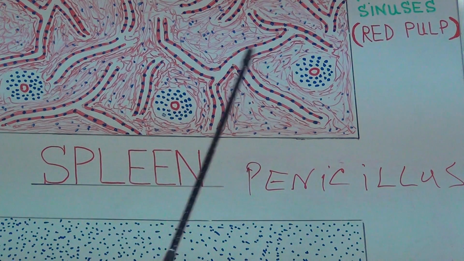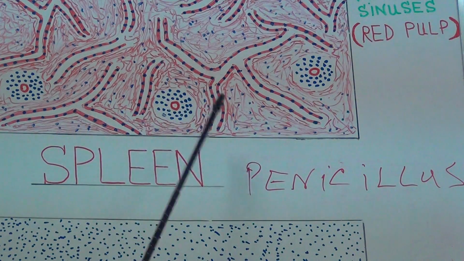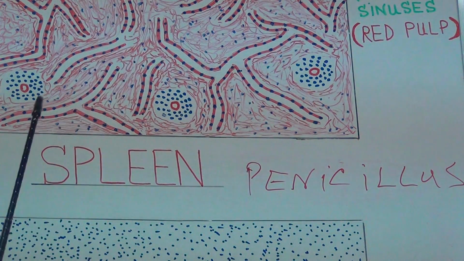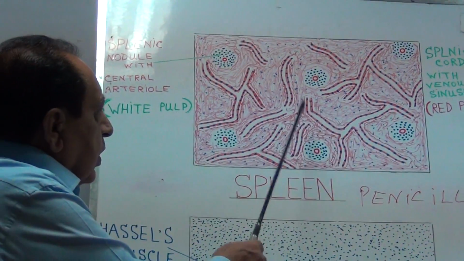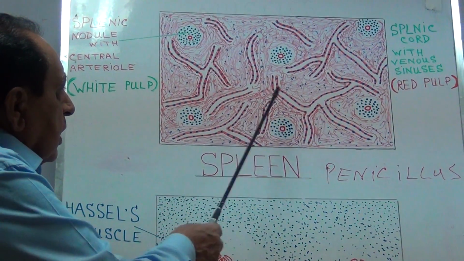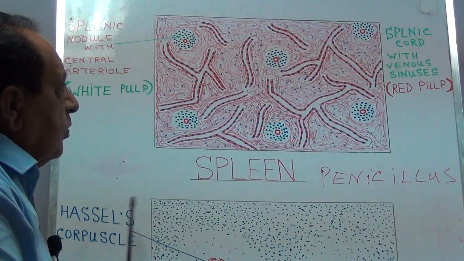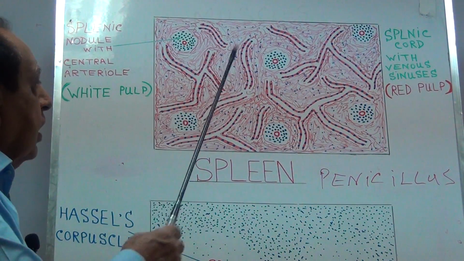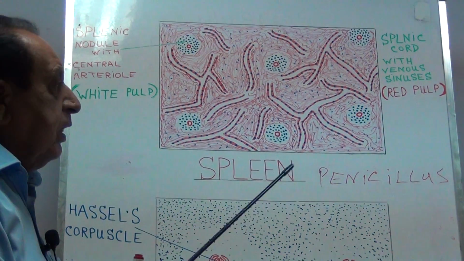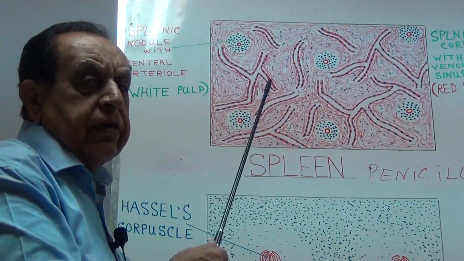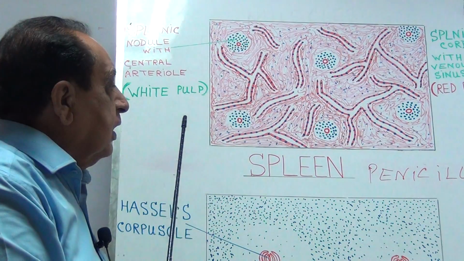So in this way, these arteries end and the veins of the red pulp area start, and then they join together forming the trabecular vein. The trabecular veins join together and form the splenic vein, and that passes outside the spleen at the region of the hilus.